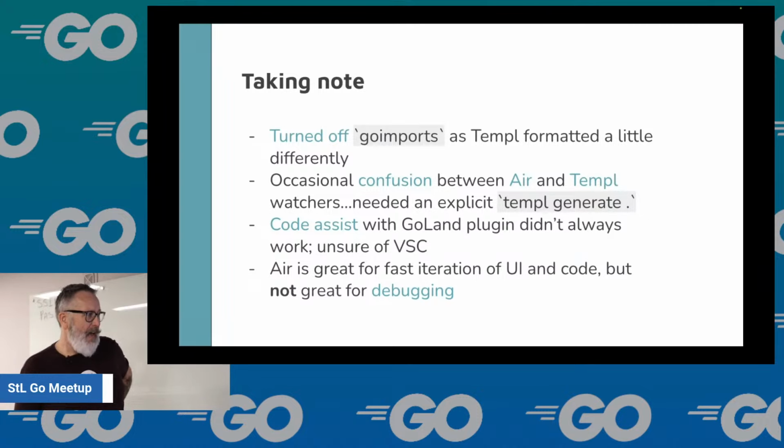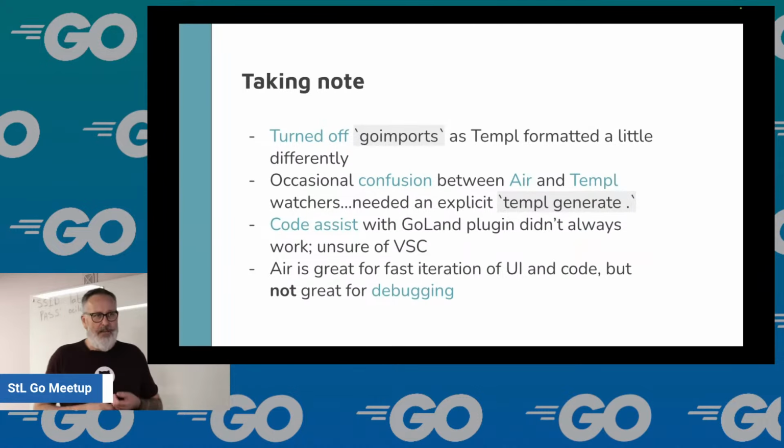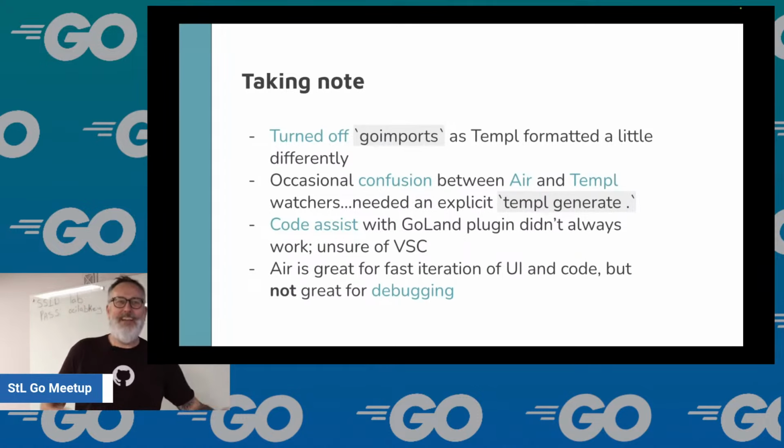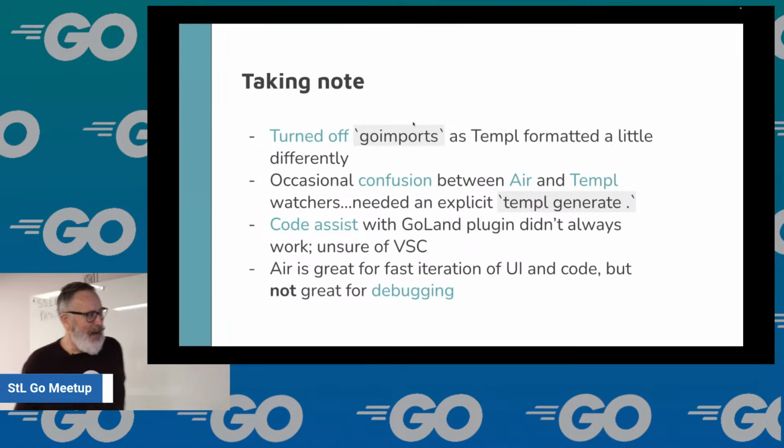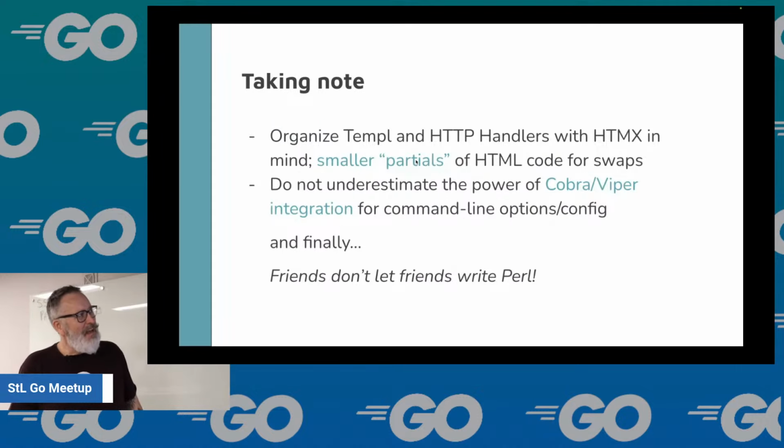And then, but yeah, Air, great for going back and forth. But if you need the debugger where you got to stop at breakpoints and that, it's not good because it's actually running your compiled binary. But no big deal. If you came into a problem that you couldn't get over with just a couple print line statements or something, then you could actually start your debugger just on another port and then figure it out. So just little things that are minor nuisances.